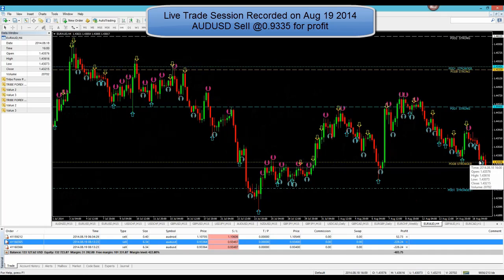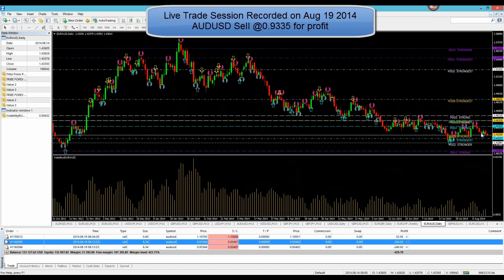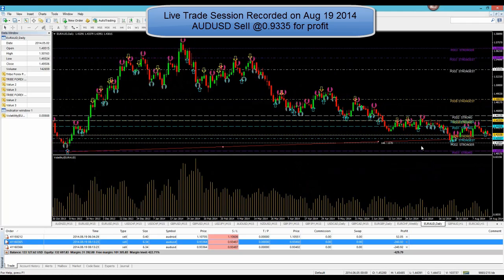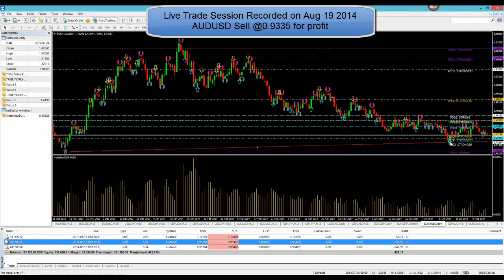All right, so this Euro Aussie looks like it wants to use 43.15 as a selling point. I think it's going to sell down to 1.4211.